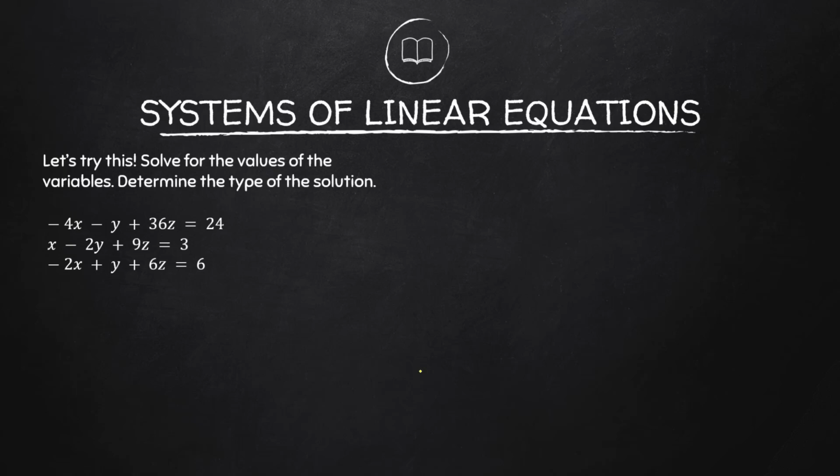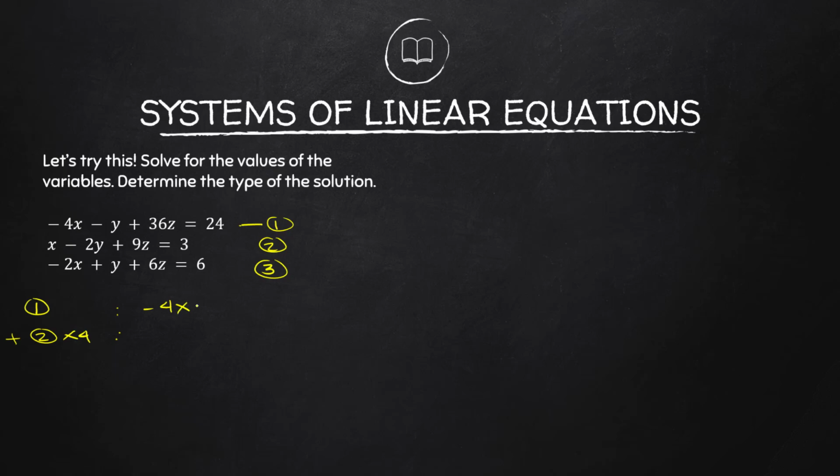Okay, so we have three equations again. I'll call these equation 1, equation 2, and equation 3. Again, it's easier to use the elimination method. What I will do is eliminate the variable x by copying equation 1 and then adding it to equation 2 times 4. So let's copy equation 1.